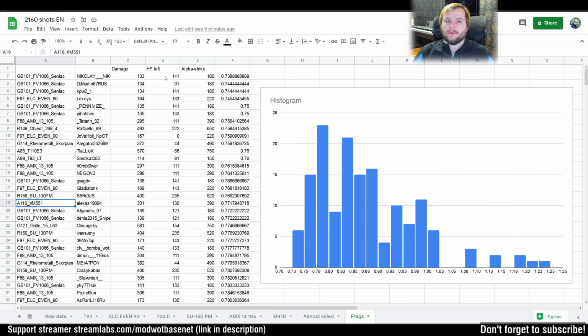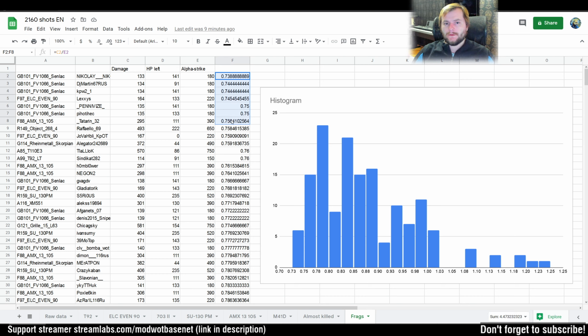So what have I written here? My current shell damage, alpha strike, and damage I made. And this damage is made to an enemy with so much HP. So I was making a shot at an enemy tank which had 141 HP, and I made 133 damage to it.